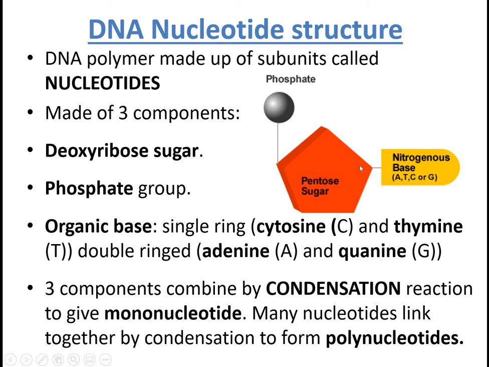In deoxyribonucleic acid, the pentose sugar is deoxyribose, and the bases in deoxyribonucleic acid or DNA are A, T, C, or G. So you've got this mononucleotide. What can then happen is lots of these nucleotides can join together to form a polynucleotide strand, and they join together by a process called condensation.